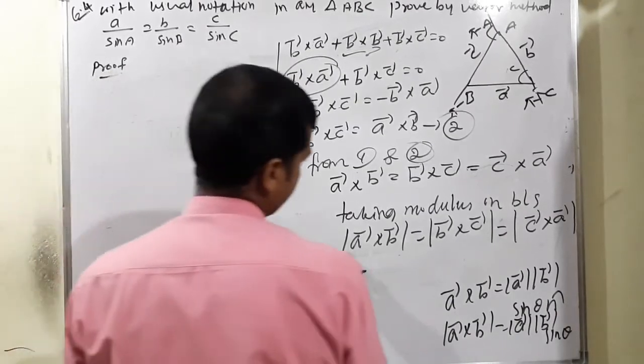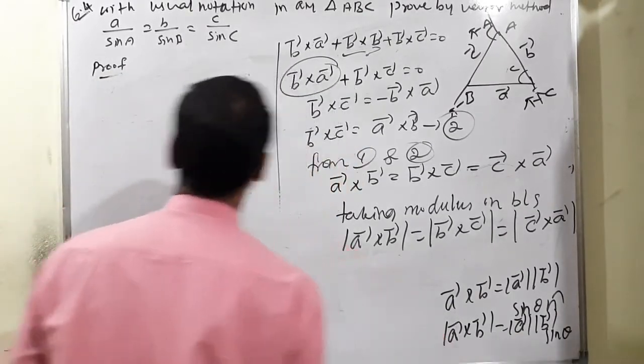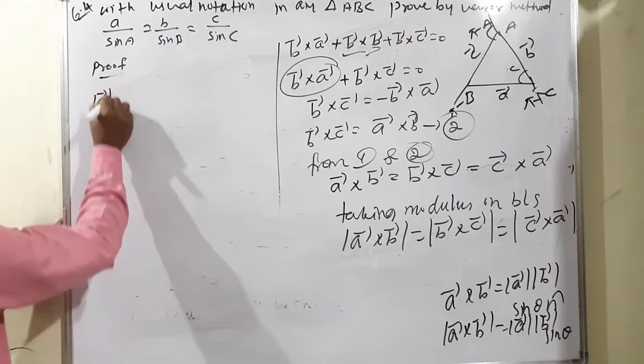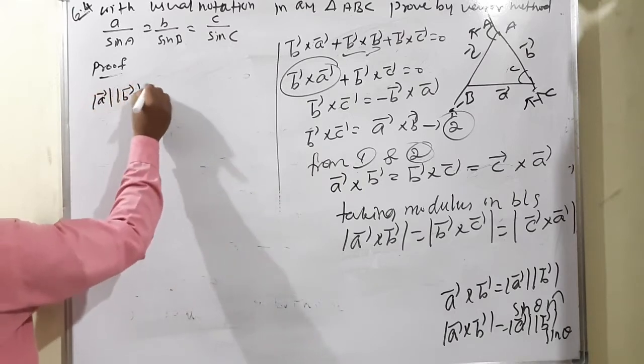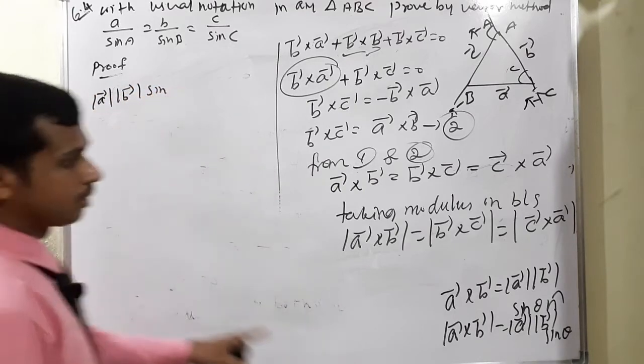So, instead of modulus of A vector cross B vector, it means modulus of A vector into modulus of B vector into sin theta.